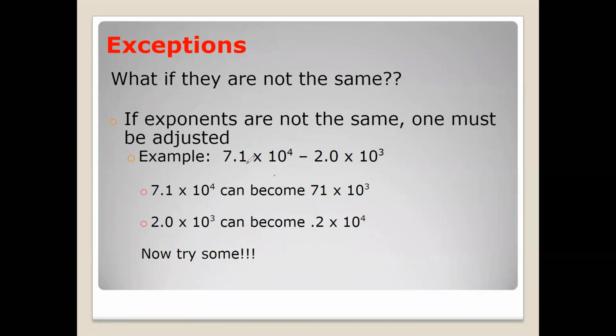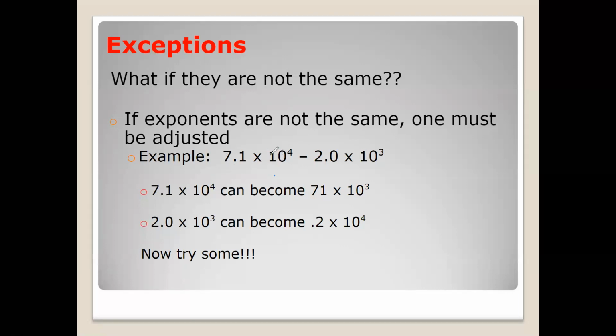So manipulating numbers in scientific notation isn't actually that bad. You just have to adjust your exponent and adjust your decimal point accordingly. So if I was trying to subtract 2.0 times 10 to the 3rd from 7.1 times 10 to the 4th, you're going to want to change one of these numbers somehow. You could either change this number to be times 10 to the 4th, or you could change this number to be times 10 to the 3rd.